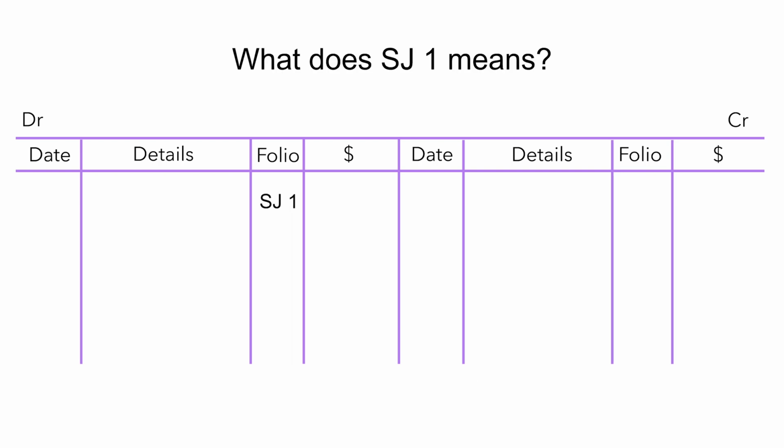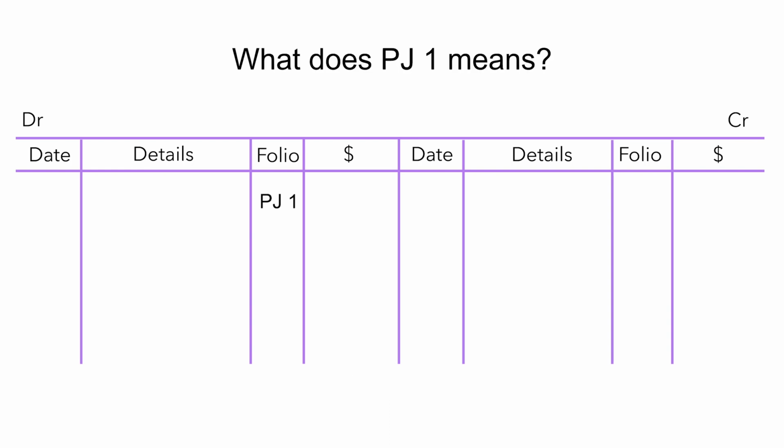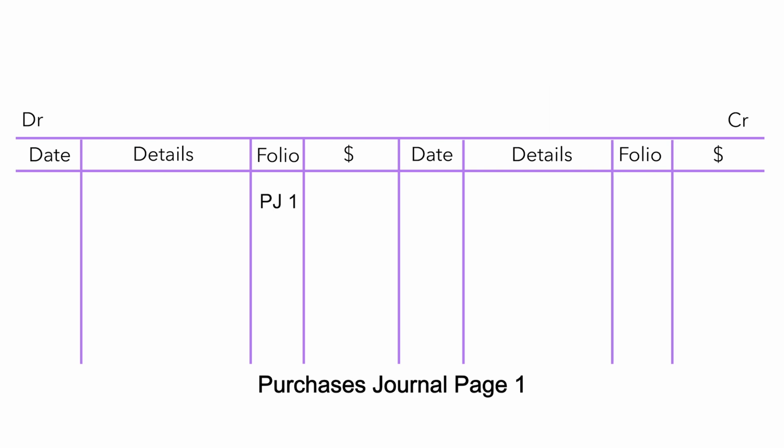What does SJ1 mean? Sales journal, page 1. What does PJ1 mean? Purchases journal, page 1.